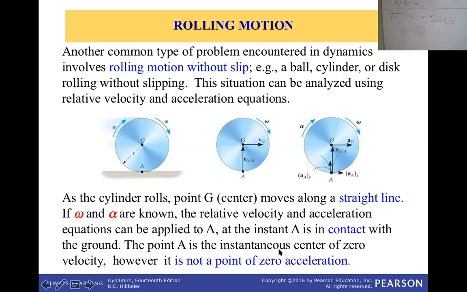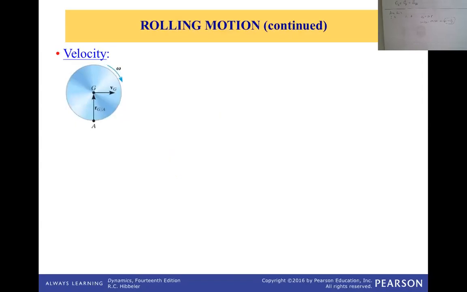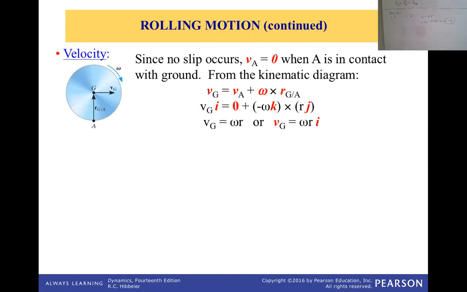You can treat point A as the instantaneous center of zero velocity, but the acceleration is not 0. Because the next moment the velocity wouldn't be 0, that means the acceleration is not 0.